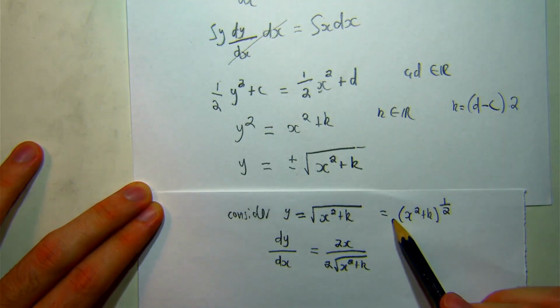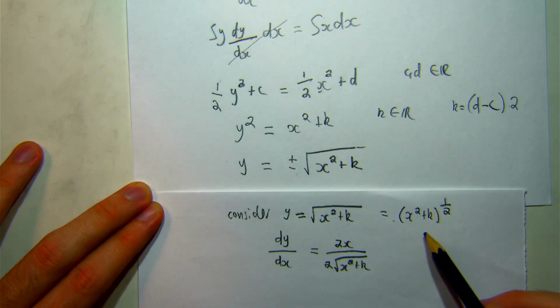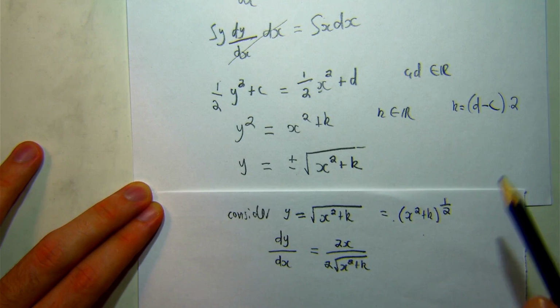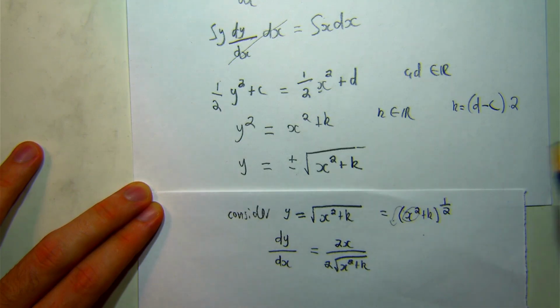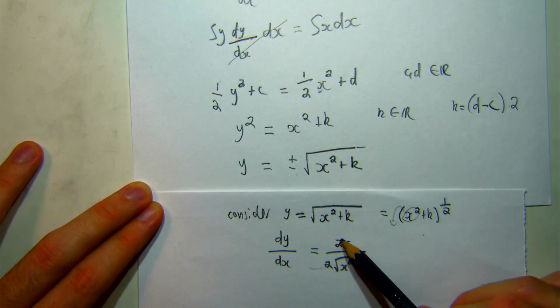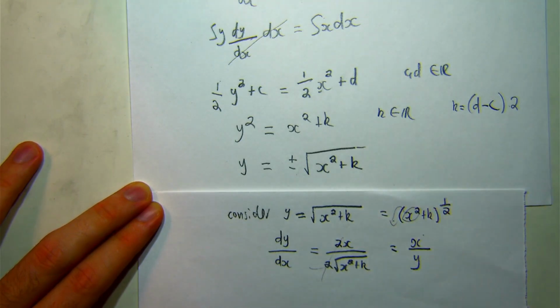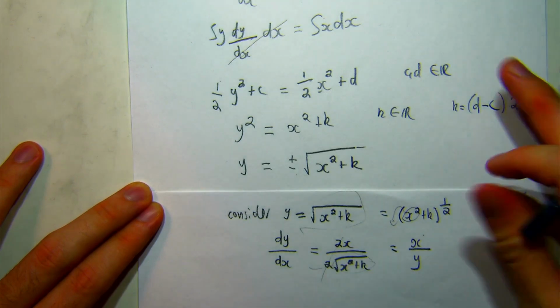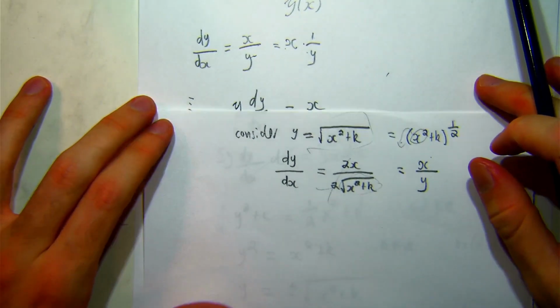So the half will come out to the front. That will go to minus 1/2, which brings it down to the denominator as a square root. And then the chain rule inside gives us 2x out the front. So that is equal to this. And of course the 2's cancel out. And then that is x on y, because this thing here is our y. So that is valid as a solution for our initial ODE.